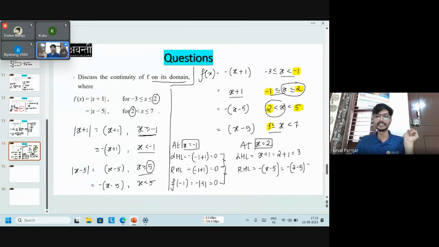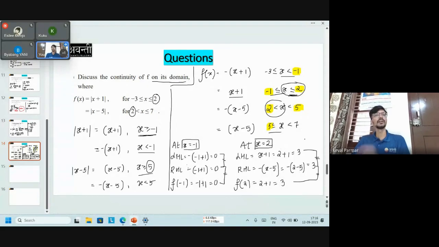So minus of minus 3, which is again 3. Lastly, the functional value, which is f of 2. Here it is equality. So we'll use f of 2 equals 2 plus 1, which is again 3. That means LHL equals RHL equals functional value. So that means my function is again continuous at x equal to 2. So minus 1 is also continuous, 2 is also continuous.